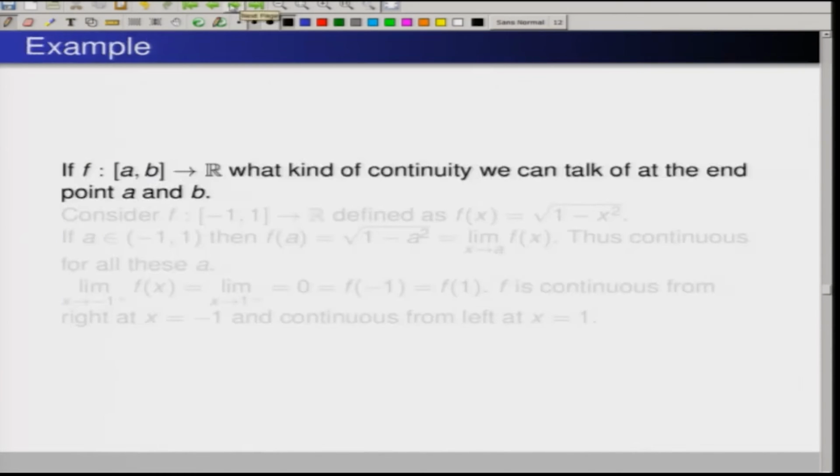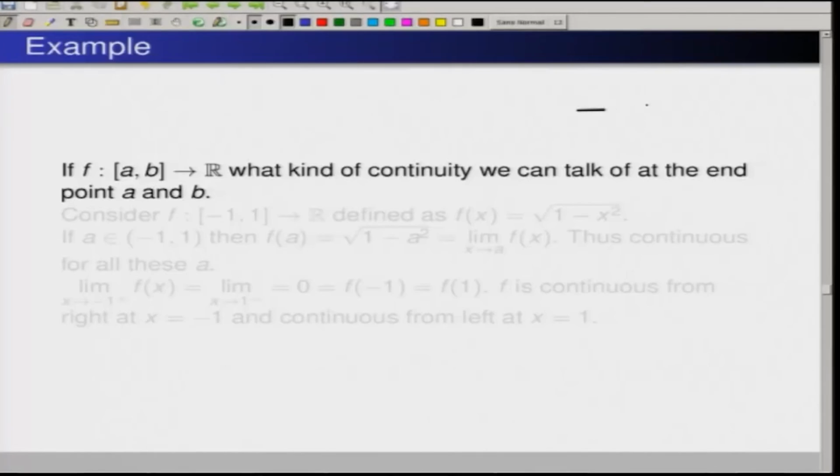Now, we can apply this concept of left continuity and right continuity for any function defined on a closed and bounded interval [a, b], at the endpoints of these intervals. Naturally, at the left endpoint we can only talk about the right-hand limit, so the only possibility is that it may or may not be right continuous.